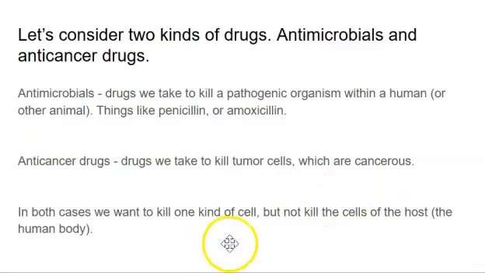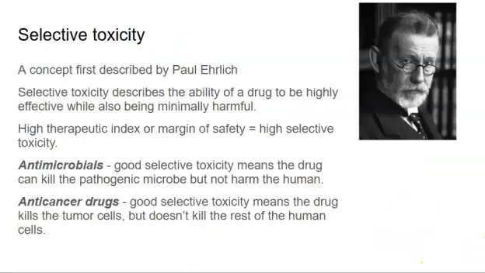So in both cases, we want to kill one kind of cell, but not kill the main cells of the host or human body. And this is the idea of selective toxicity. It's a concept that was first described, or at least is credited to, a German chemist, Paul Ehrlich. He describes something called selective toxicity, which is the ability of a drug to be highly effective while also being minimally harmful.